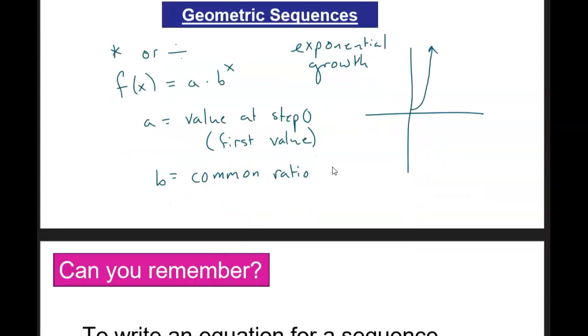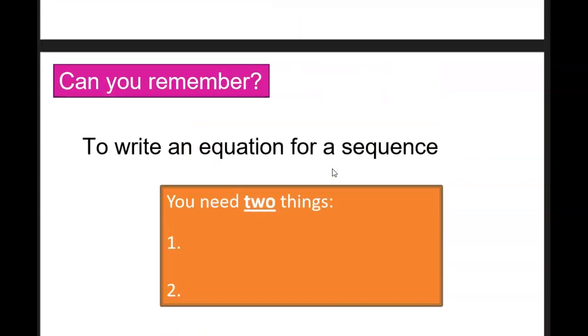Sweet. All right. So can you remember when we write an equation, we need 2 things. We actually just talked about them in the last couple of slides. Do you remember what they are? 2 things to write an equation for any arithmetic or geometric sequence. What do we need? Well, the first thing we need is the common either difference or ratio, depending on the type of sequence.